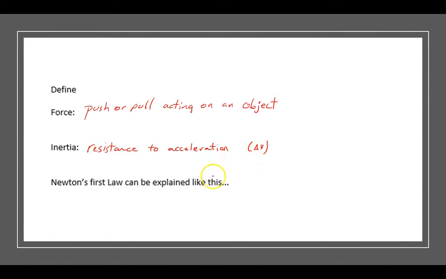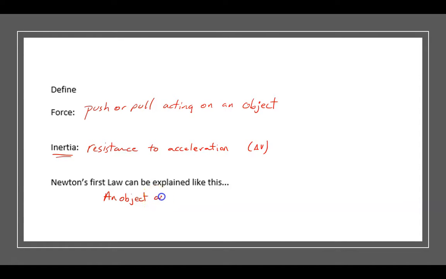So Newton's first law, which is the law of inertia, can be explained like this. An object at rest will stay at rest. An object in motion stays in motion unless acted upon by an unbalanced force.